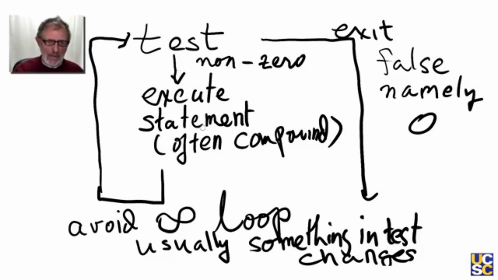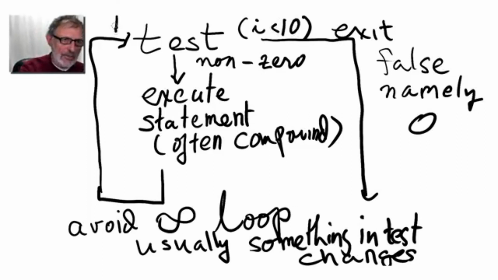So the statement, often a compound statement, and then we go back from here and retest whatever this test expression is. In that case, it was I less than 10 in that example. So we enter the loop, that's the while statement, we do a test, we either exit when false or we continue and do some execution, and then we loop, test, exit maybe, if not exit, repeat, and keep going.